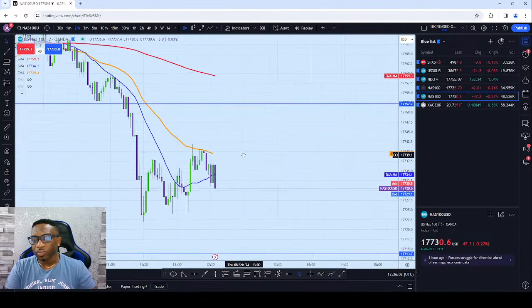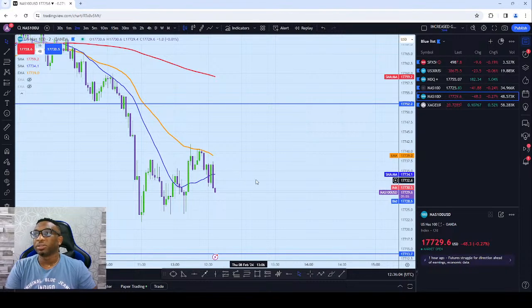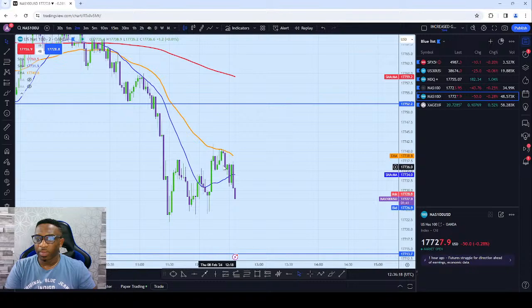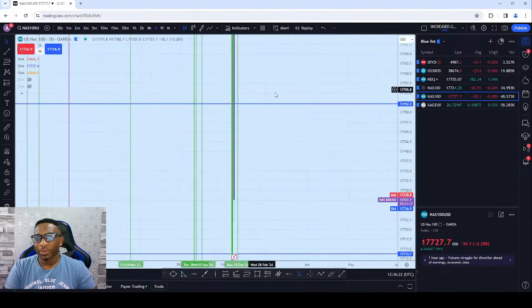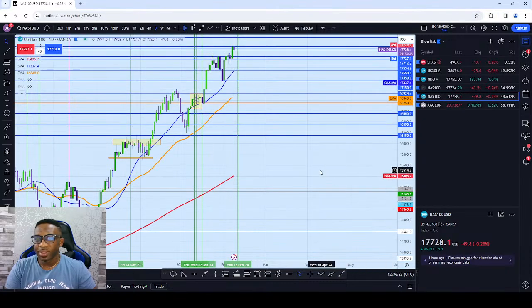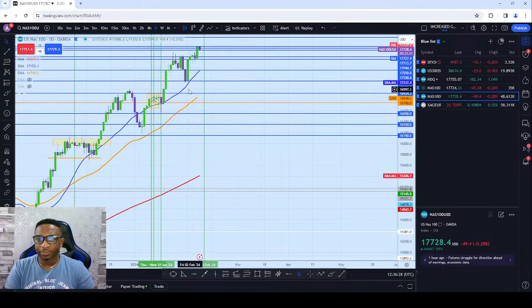Let's see NAS. NAS hit the stop loss, so it kicked us out of the trade on NAS. Looking at where NAS is now, it's in the wide state.